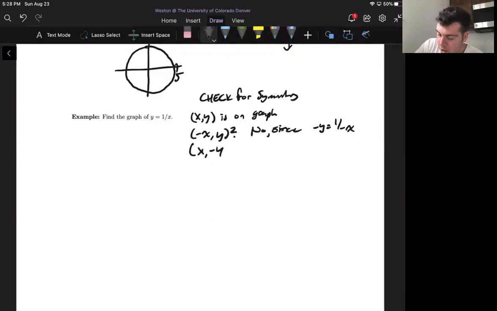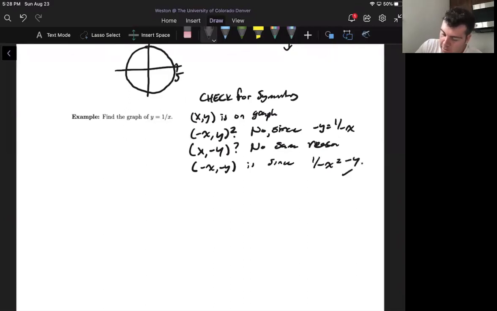X comma negative y? No, same reason. But negative x, negative y is, since 1 over negative x equals negative y. Check, so we have symmetry about the origin, which we'll abbreviate to the SATO.